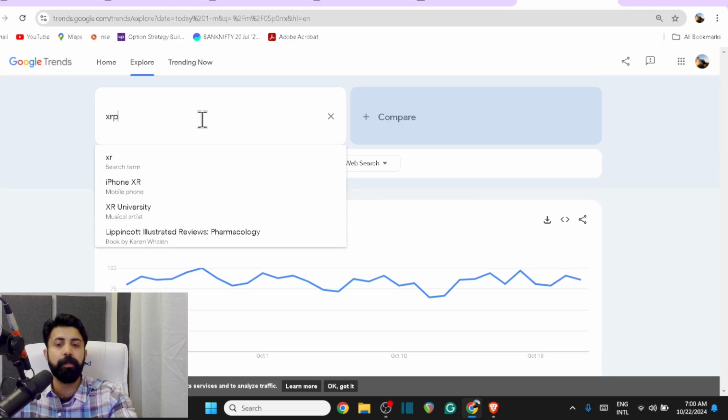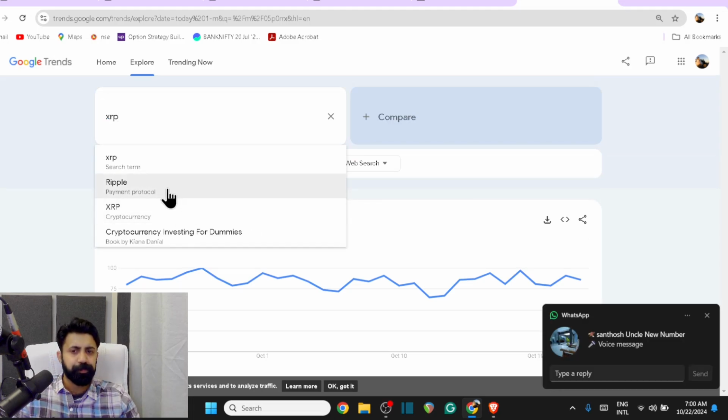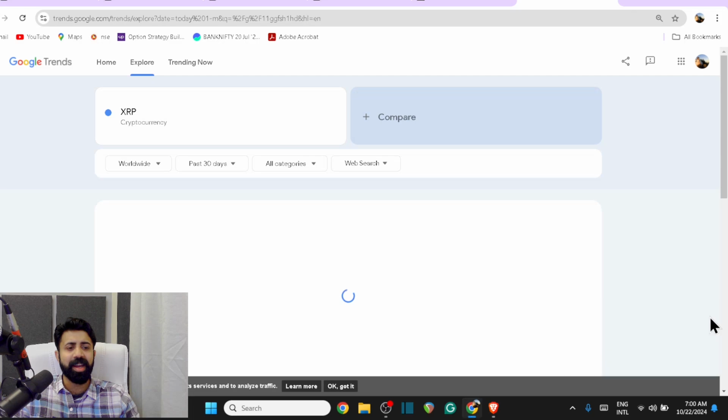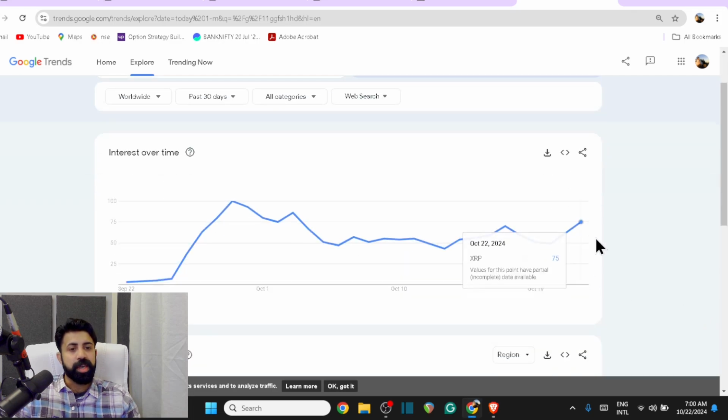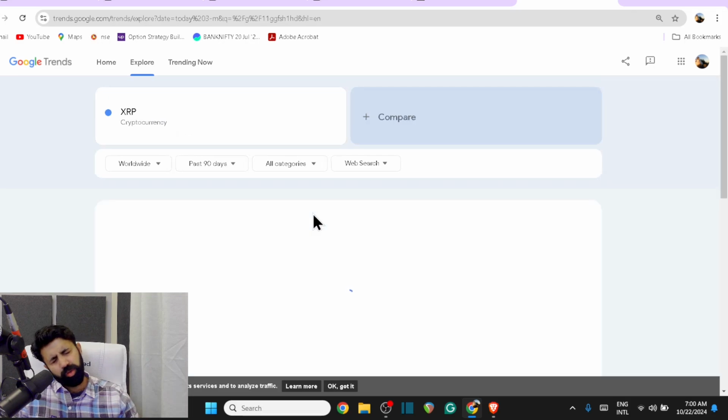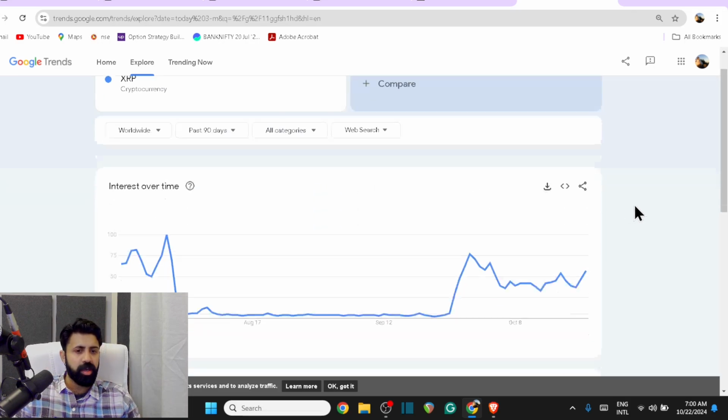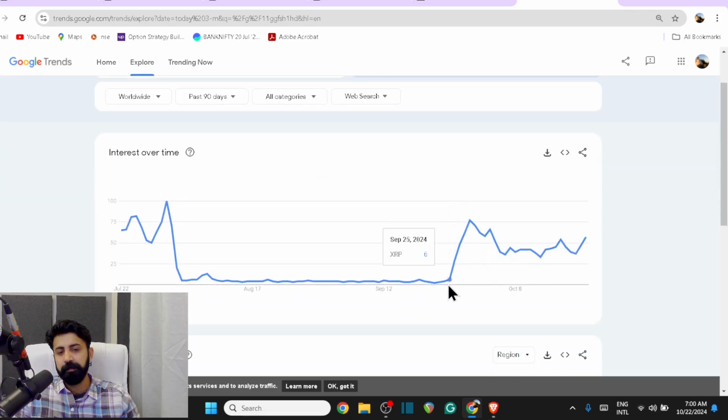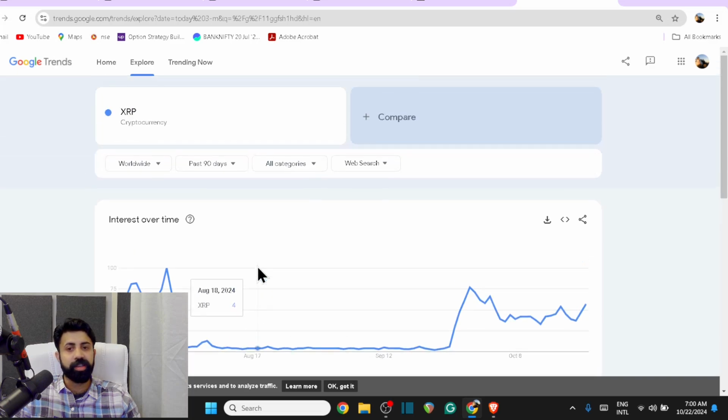Now, say you take up XRP or just the altcoin market as a whole. What do you see? Altcoin market over last 30 days is ranging, but it is getting attention. People are searching for it. Say you zoom out, you go on a quarterly chart. Do you recognize what I'm saying? There was no attention for XRP in that case, and suddenly it started getting more and more attention.